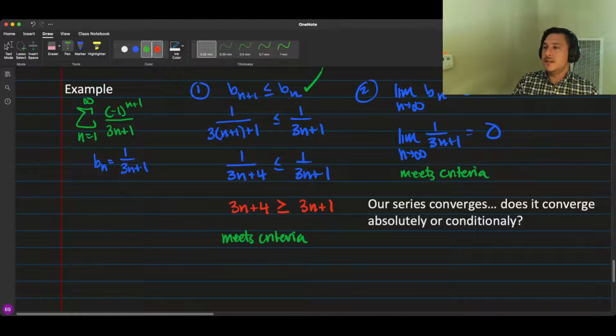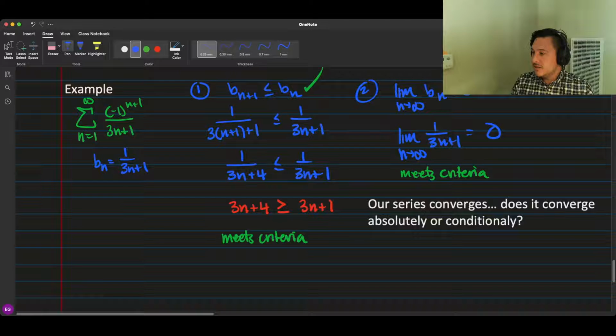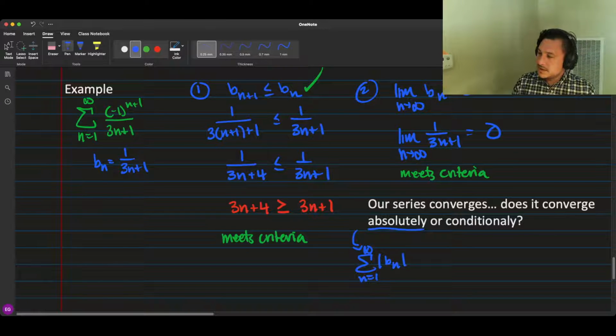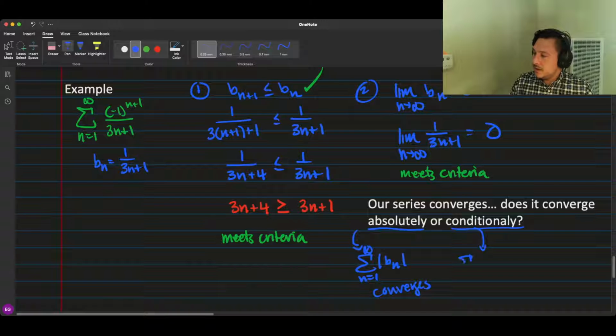Okay, what will it mean to converge absolutely? It converges absolutely if, when I do the series with the absolute value, it still works. It only converges conditionally if, when I do the absolute value, it diverges.